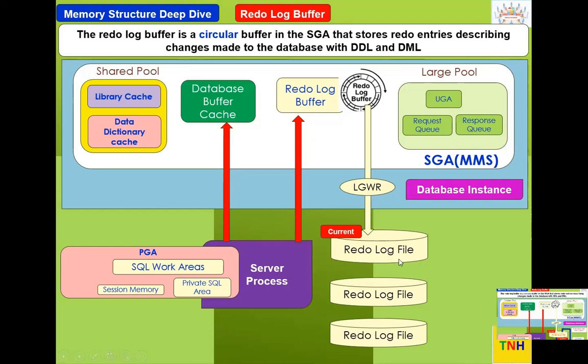Normally in a database, we should have a minimum of 2 log groups. Groups and files are two different things, so let's discuss those in more detail later. But minimum 2, actually recommended 3. You can't operate with 2 log files or groups because there can be issues. So at least 3 has to be there, but you can increase, depending on the environment.